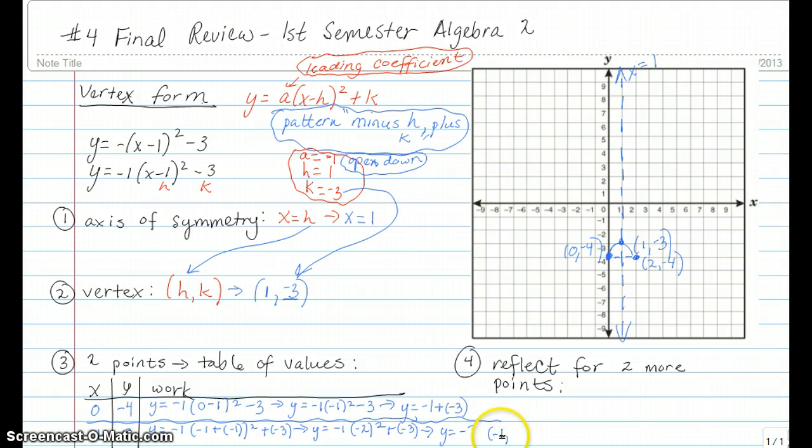So it's -1, -7. The previous ordered pair was 0, -4. Okay, so -1, -7. And that's 2 from the axis of symmetry. I'm going to go 2 to the right side of the axis of symmetry, which will be 3, -7.